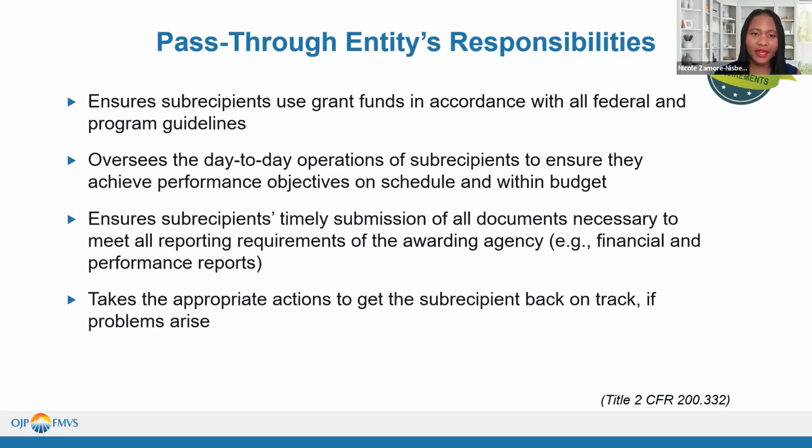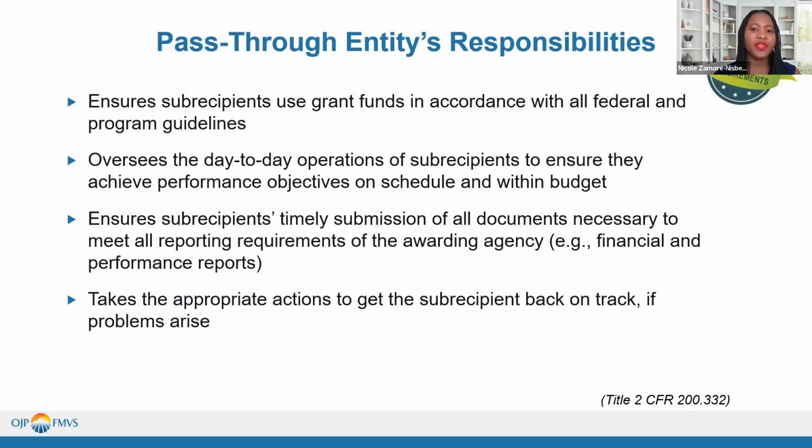You must ensure your subrecipients use the funds in accordance with all the federal and program guidelines. You must oversee the day-to-day operations of your subrecipient to ensure that they are achieving the performance objectives on schedule and within budget. You must ensure that subrecipients have timely submission of all documents necessary to meet all reporting requirements of the awarding agency.